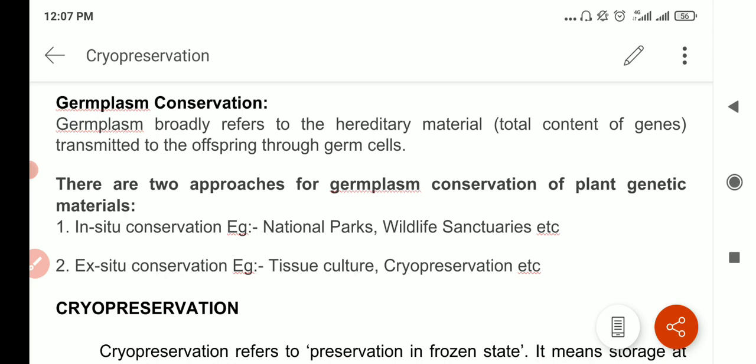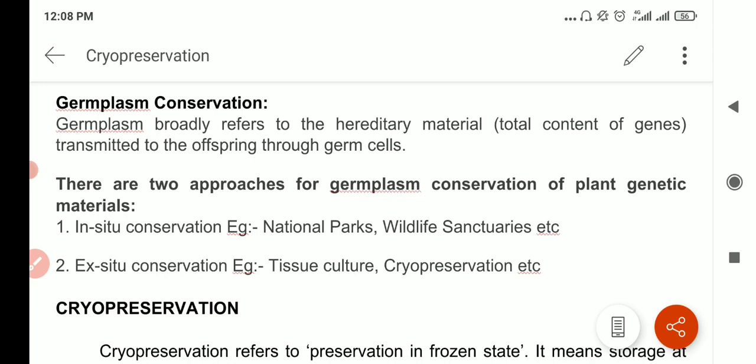All the genes should be present, and this germplasm should be hereditable, meaning it should be able to be transferred from parent to offspring through the germ cells, through the sperms or the ovum. So germplasm is genetic material that can be transmitted through the germ cells from parent to offspring. I think you have understood germplasm.